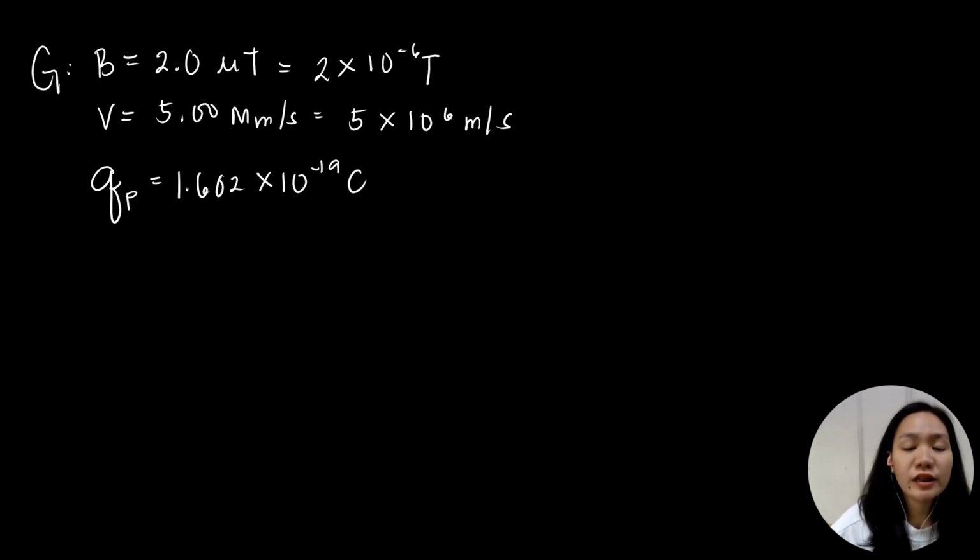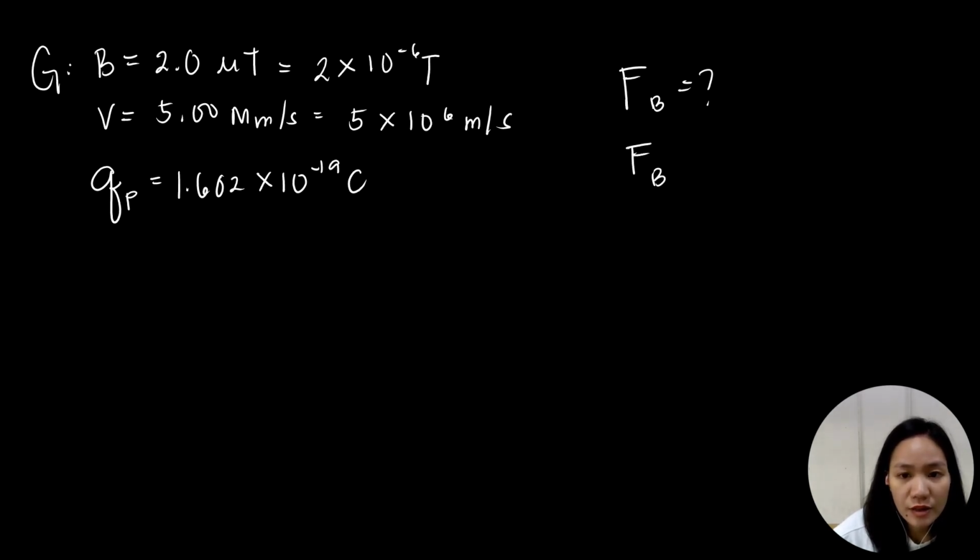Now, why do we need these variables? Since the question is asking for the magnetic force, we need to use the formula F, magnetic force, is equal to the charge times its velocity cross B sine theta.